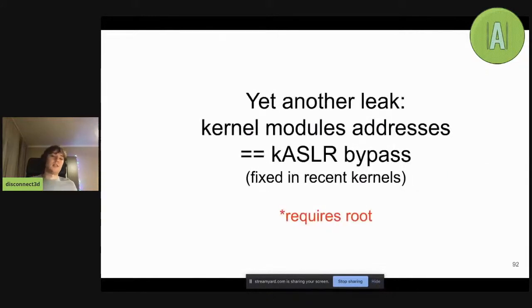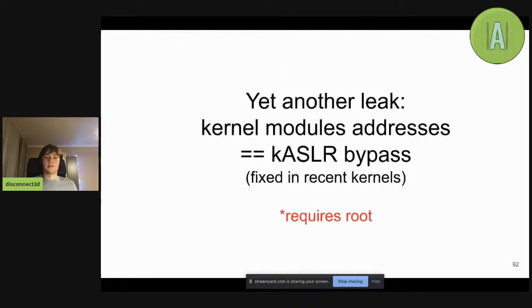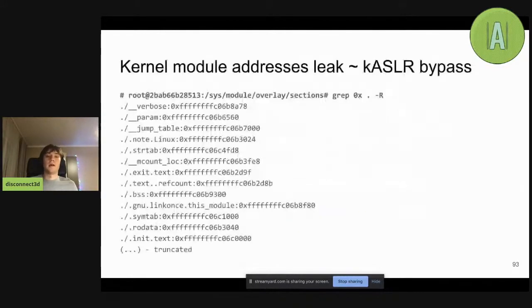There is yet another leak that turns out to be a kernel bug, as I said, and it's a kernel module addresses bypass, a kASLR bypass, actually. There is this sys module directory, and by the way, this one actually requires root access, but it's still a bug, which we'll see in a moment.